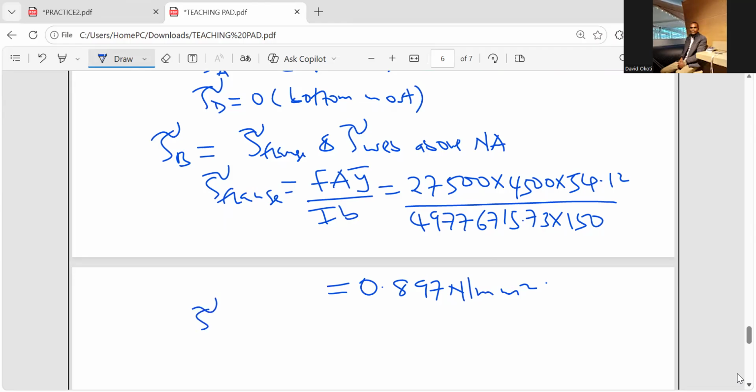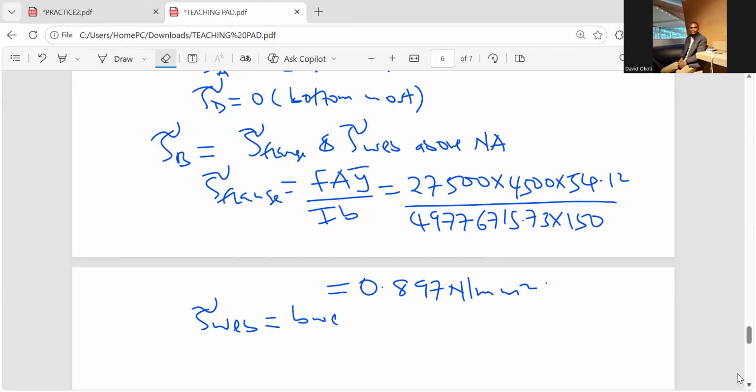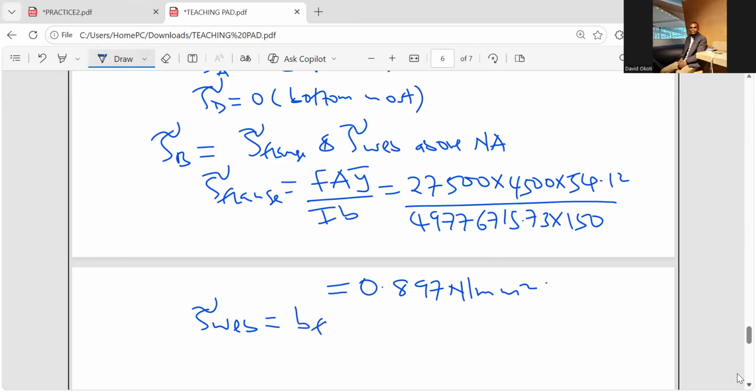Now, this is easy. For the part of web, you just take B of flange over B of web times the shear stress in flange.